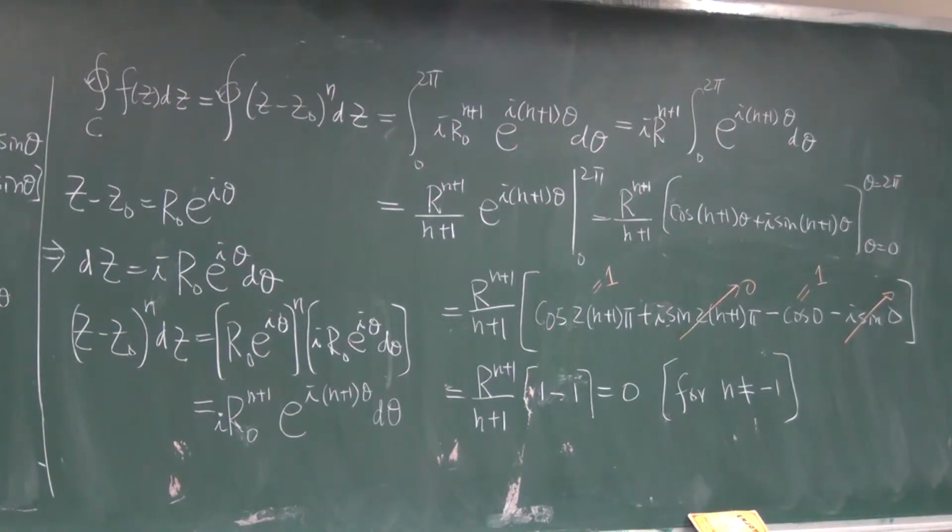And see, we have sine of something times pi, so it is 0. When you have some multiple of pi inside the sine function, it becomes 0. And sine 0 is 0. And cosine 0 is 1. And cosine of 2(n plus 1) pi is 1 too. So we get the result 1 minus 1 here. So finally, we understand that the integration is equal to 0.